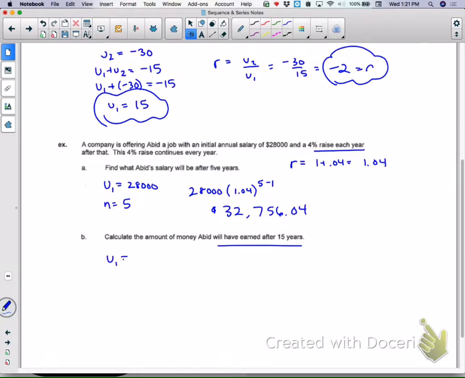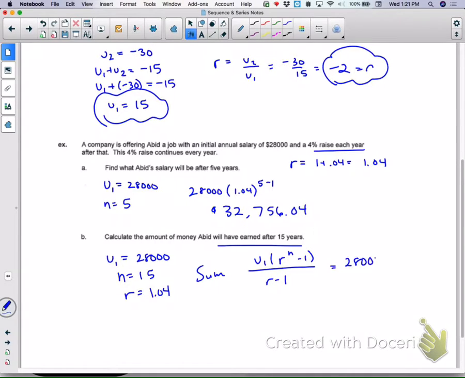So my first term in this case is $2,800. My N is 15. My R is 1.04. And this is a sum, okay? So since my R value is bigger than 1, let's use this formula, because I don't want to get a negative on the bottom.